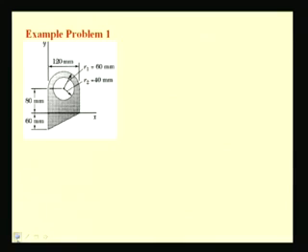Let us take one example to find the centroid of a plate which can be decomposed into simpler shapes. Here you see a lamina which is composed of a certain annular hole region and, let us say, a triangle and a rectangle.